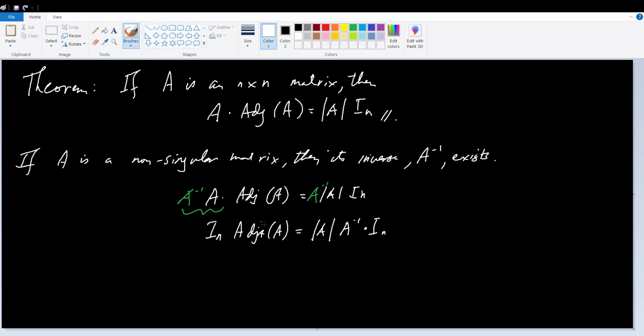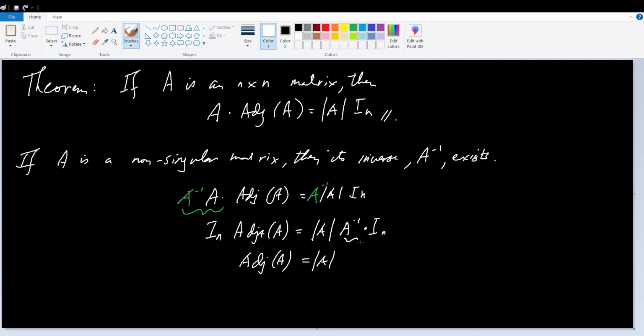And we know that when the identity matrix is multiplied to any matrix, the result is still the given matrix. So the adjunct of A is a matrix multiplied to the identity matrix, or the identity matrix is multiplied to the matrix adjunct A, the result is still adjunct A. And in here, we have the determinant of A, which is a constant.